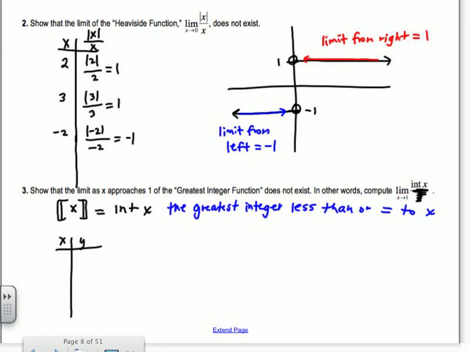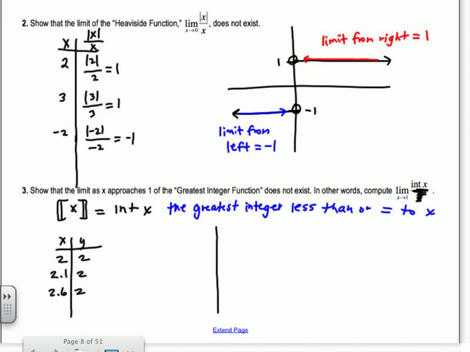So if I have 2, what's the greatest integer less than or equal to 2? 2. 2.1? 2. So basically everything's always going to round down. 2.6, greatest integer less than or equal to 2.6 is 2. So it's always going to round down to the integer below it.